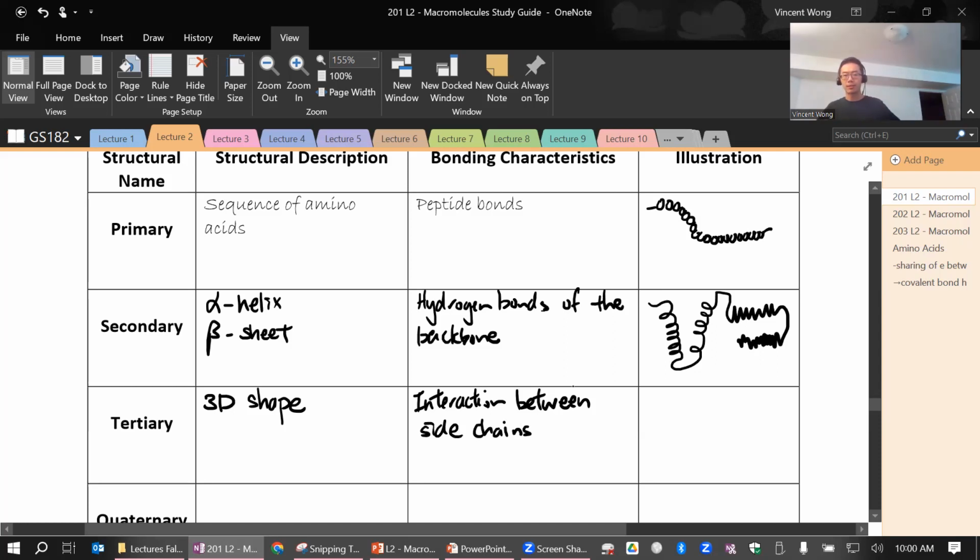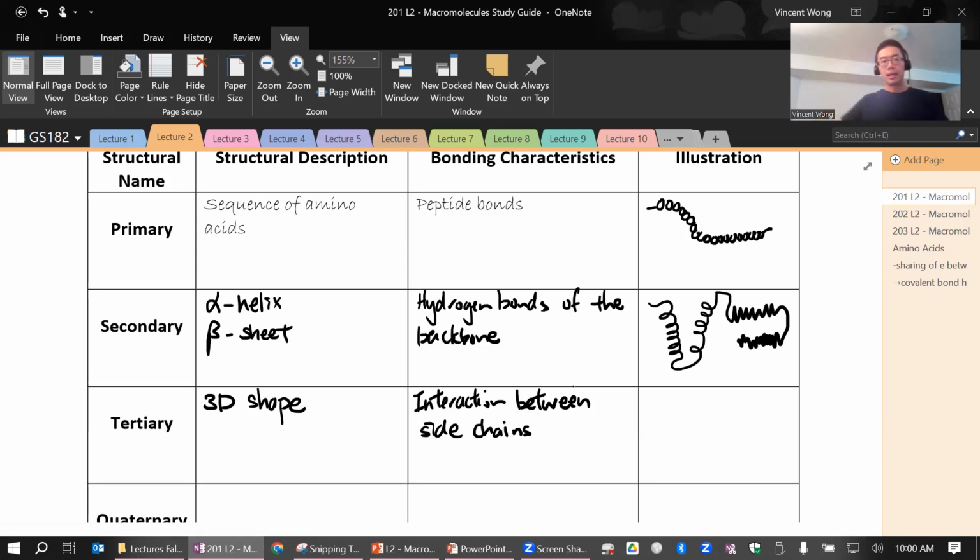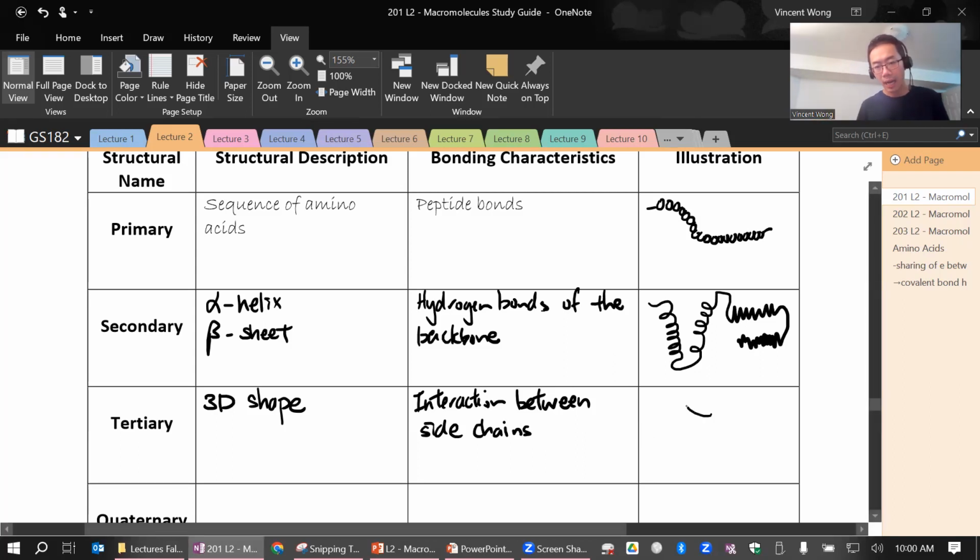Interaction between the side chains. And so now you will have an overall 3D shape. You can't really draw 3D here, but it will fold up into a ball. You still have the zigzag and the helix, but now it's folded into a ball.